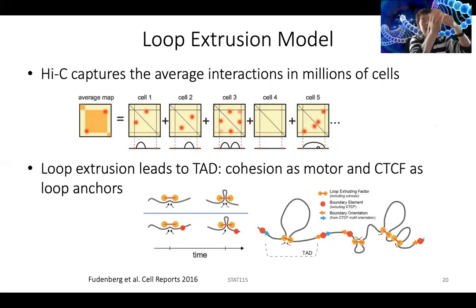If they are going in this direction, occasionally they do get stuck, but you don't really see chromatin interaction. If they're going in this direction, they also will get stuck in the CTCF binding site, but you don't see interaction. If they are going far apart in this direction, you also don't see chromatin interaction.